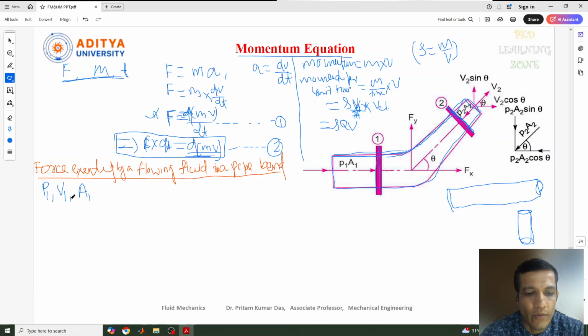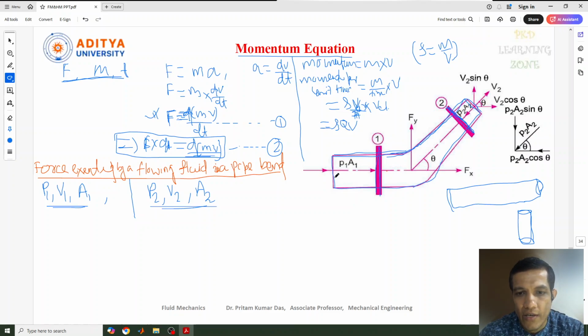Now similarly for section 2, we can write the pressure P2, the velocity V2 and the area of cross section A2. So these are the parameters, or the characteristics of the fluid, which we are going to consider for this pipe flow.